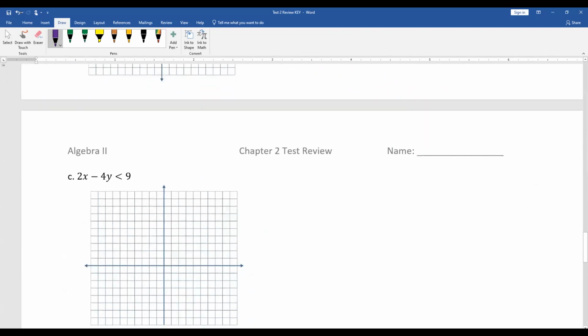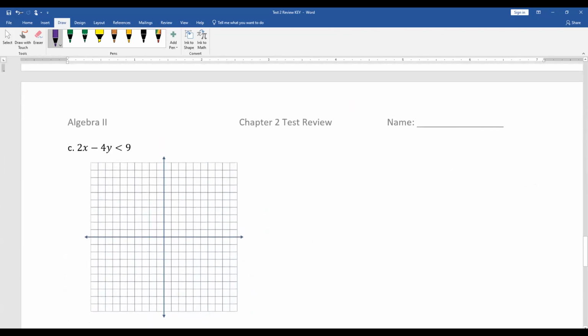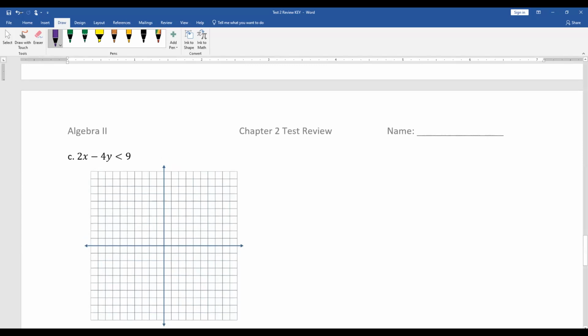Now we're moving on into inequalities. So this one is already in standard form. Do y'all want to use the ABC to determine slope and y-intercept, or convert it into slope-intercept? Just use our ABC? Okay, you can do that.